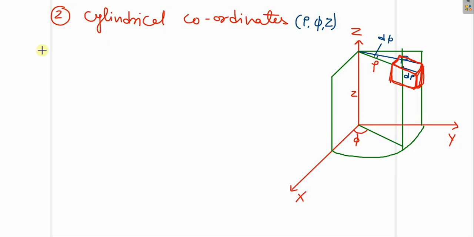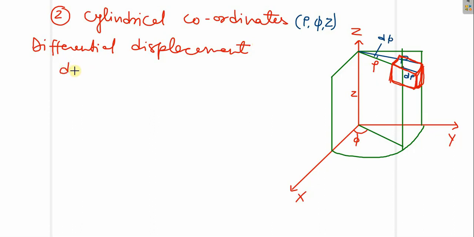So the differential displacement can be represented as dl equals, like we represented in the Cartesian coordinate system, d rho a rho plus d phi a phi plus dz az, but here it will be rho d phi.